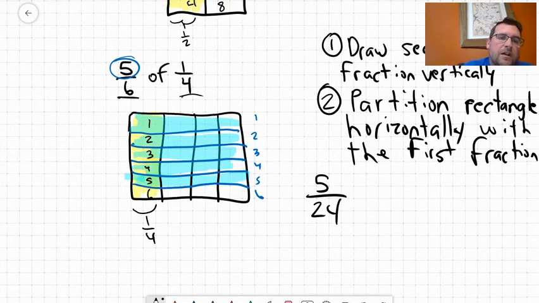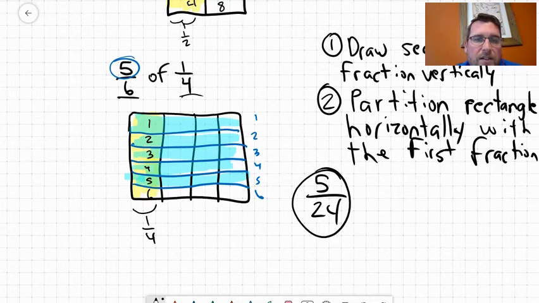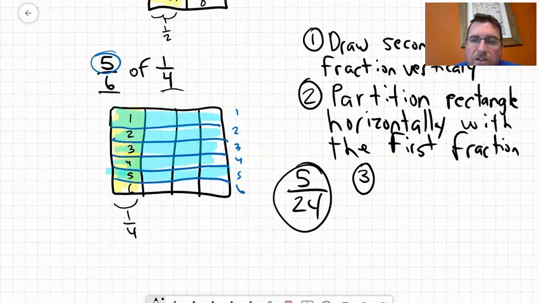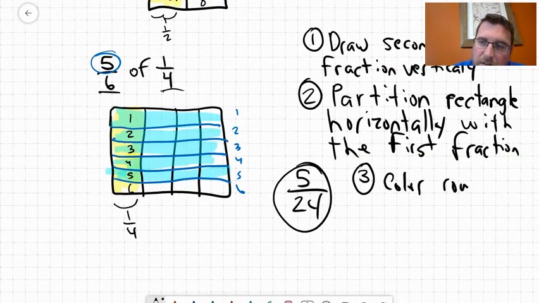If you want to count them all up, trust me, it's going to be 24. So my answer is 5/6 of 1/4 is 5/24. So as far as the steps go, partition the rectangle horizontally with the first fraction, color the rows, and that's basically it. Then you count it up and there you go.